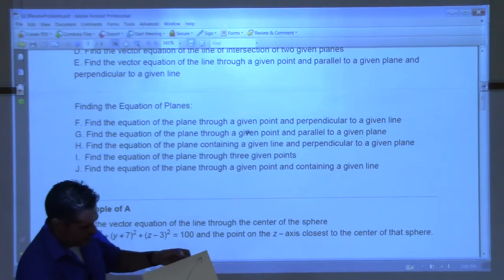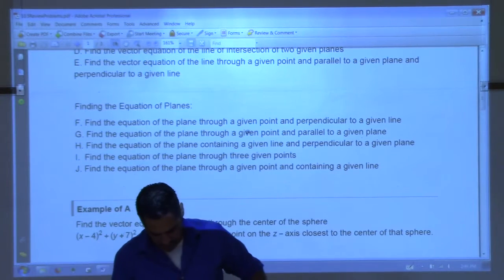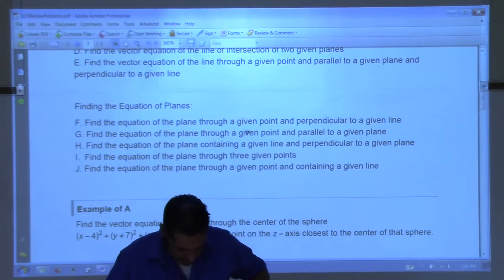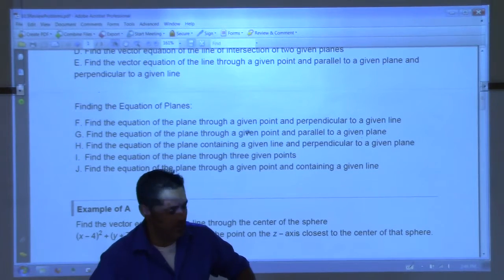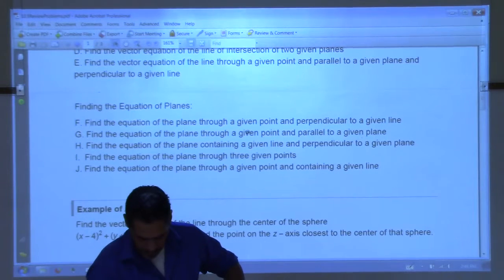Like, I'm going to move it over here so you can see it. When am I going to be perpendicular to this plane? When the normal vector here is parallel to this plane, right? Then I will be orthogonal.